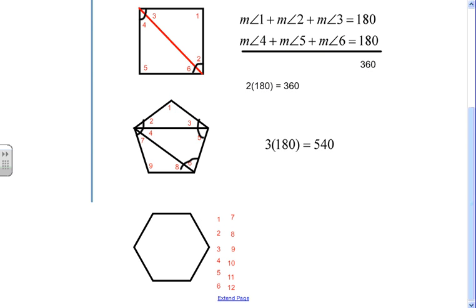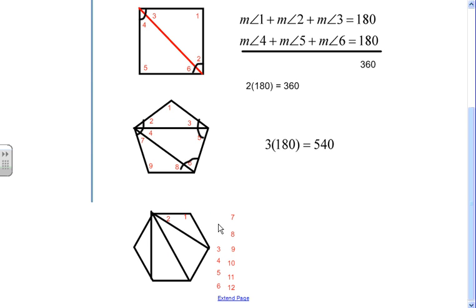We can do the same thing for any sided figure. So here we have just one more. We've got a hexagon, 6 sides. If we draw all the diagonals from one vertex, how many triangles are we creating? 1, 2, 3, 4. I've just got these measures in here so you can see them.